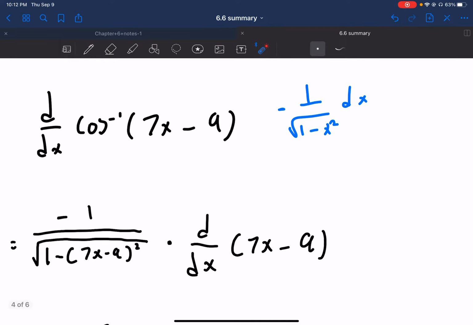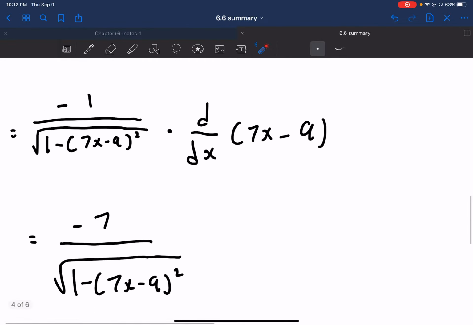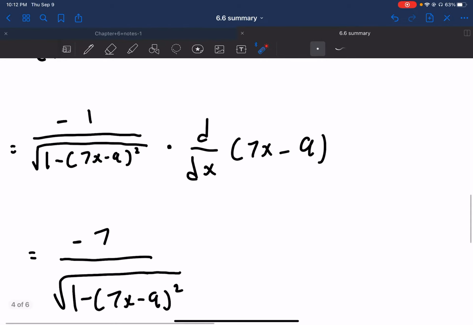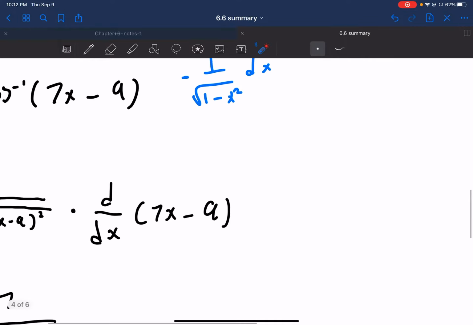The derivative of 7x minus 9 is just 7. You multiply that by this formula right here, and you get negative 7 over the square root of 1 minus 7x minus 9 squared. You could simplify this more, but I think it's okay to just leave it as is.